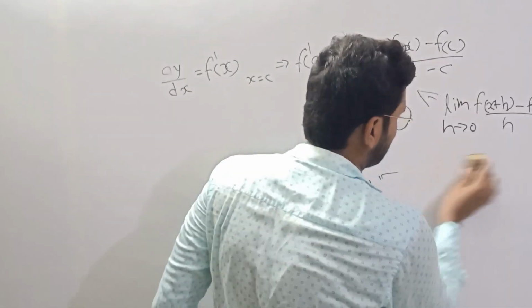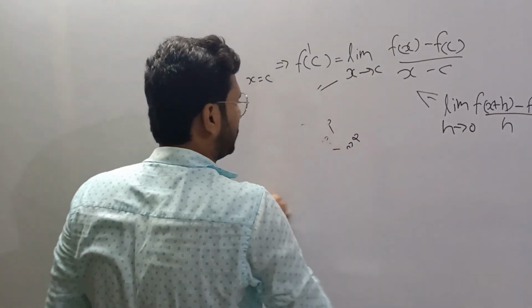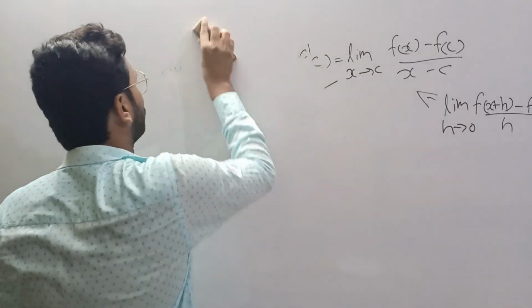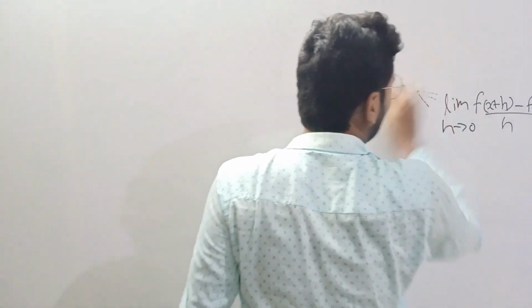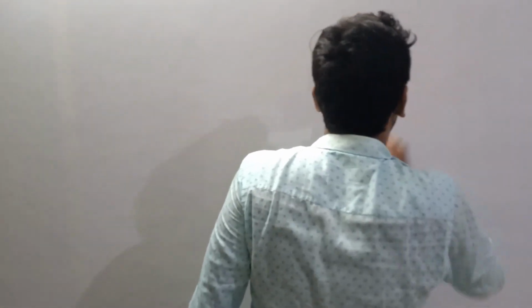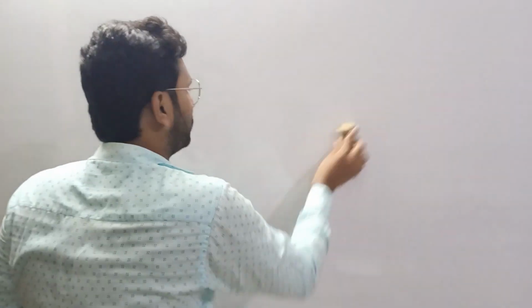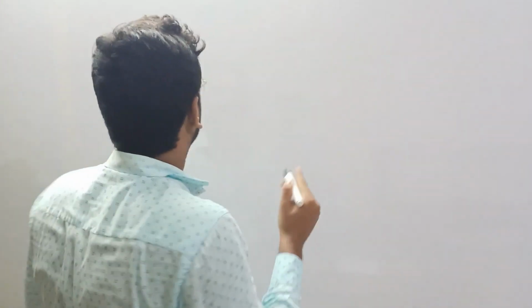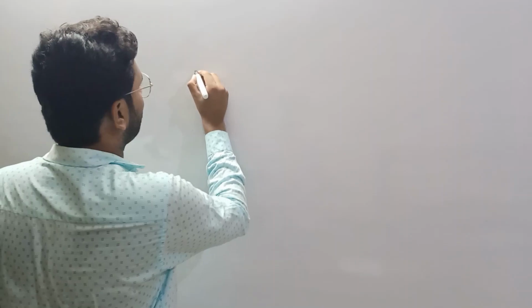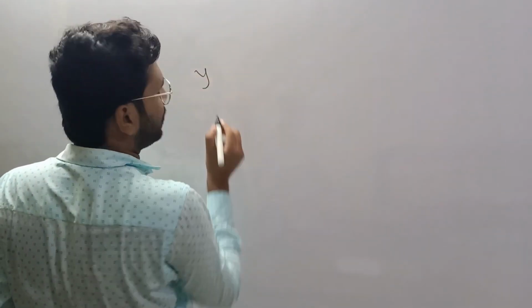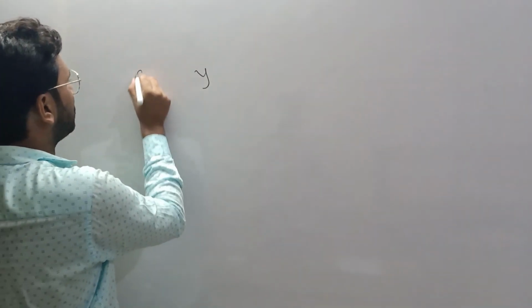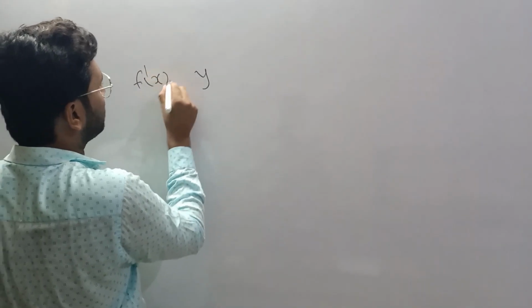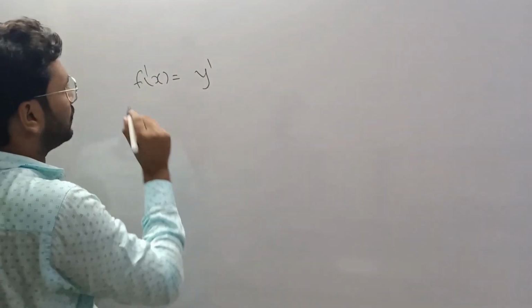We will move faster to the questions which can be asked in your exams or in your test about the derivative. So first of all, let me tell you that we can denote f dash x as y dash.